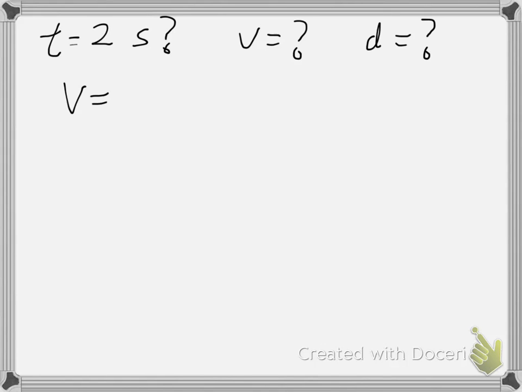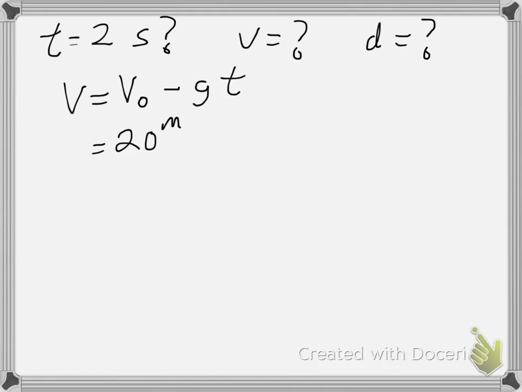Now, what about at t equals 2 seconds? What are the velocity and the distance? Okay, so the velocity is going to equal v naught minus g t.